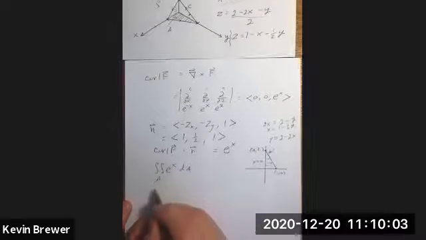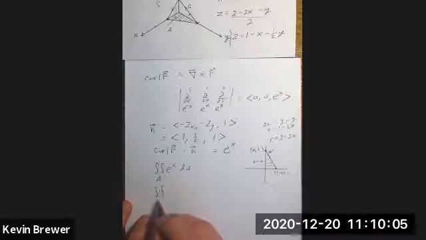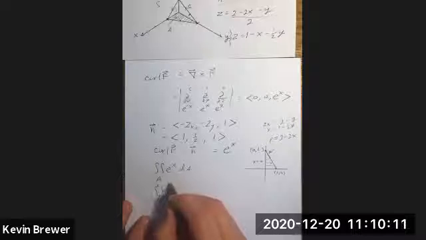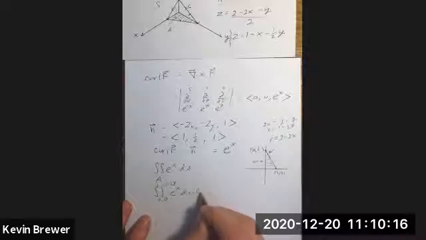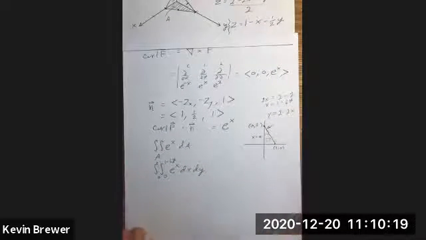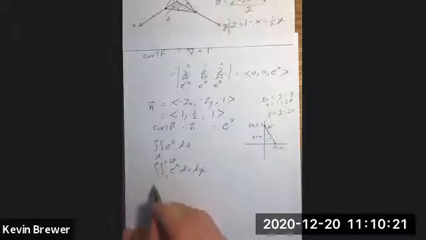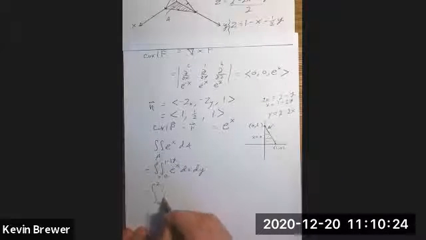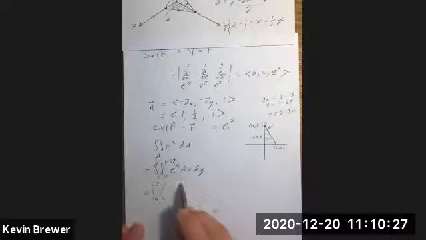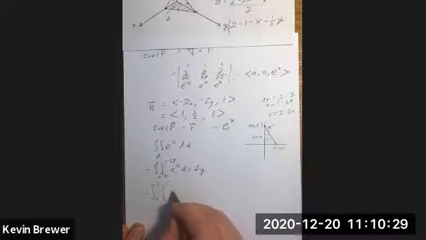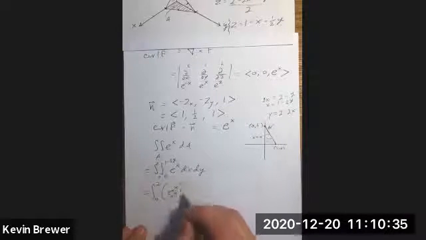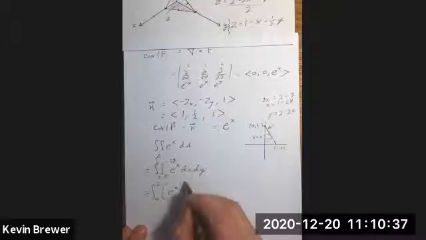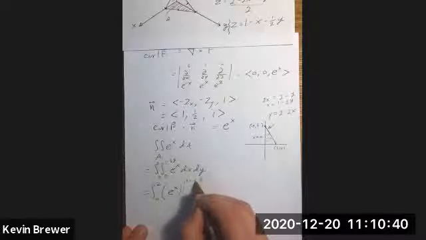So I'm going to set this up as the integral from 0 to 2 for y, and then x goes from 0 to 1 minus 1/2 y, e to the x dx dy. The antiderivative of e to the x is e to the x. That's the advantage of doing it this way. We don't have to have x's in there. And this is evaluated from 0 to 1 minus 1/2 y.